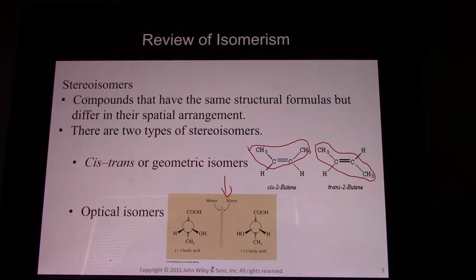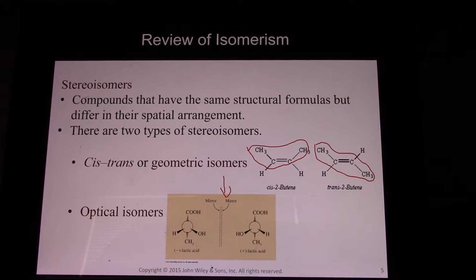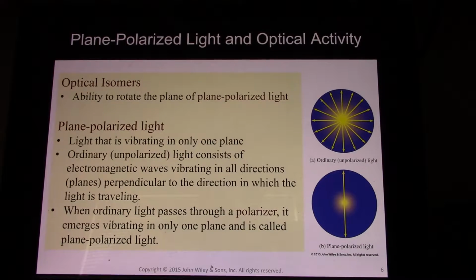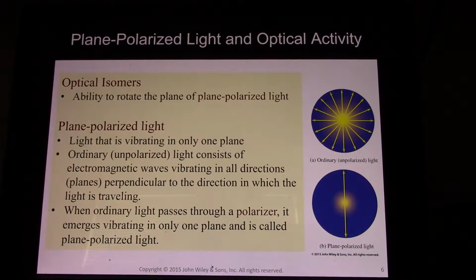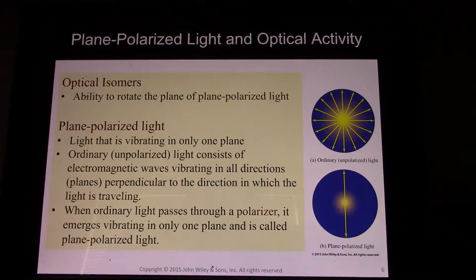The difference in cis and trans is the spatial arrangement, because there is no rotation across a double bond.